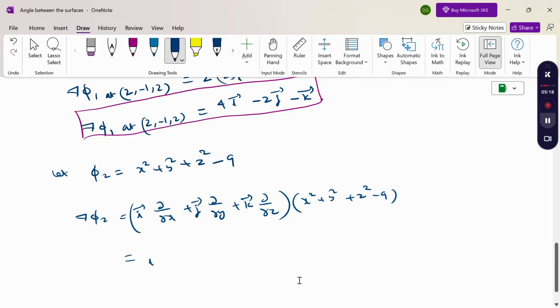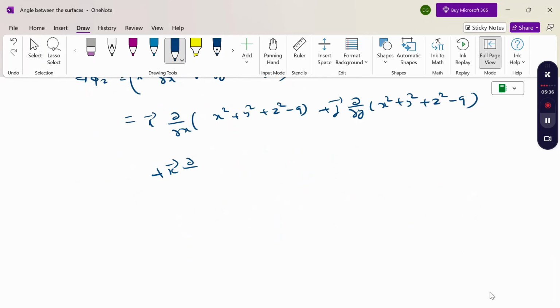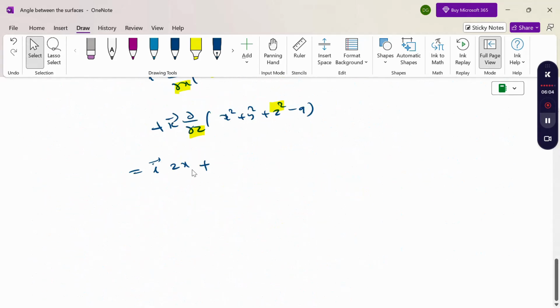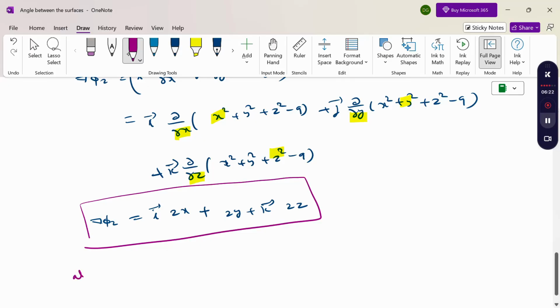Differentiating, x gives 2x for the i vector, y gives 2y for the j vector, and z gives 2z for the k vector. Other values are 0.